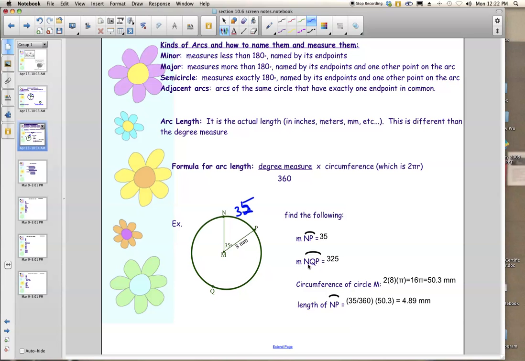The measure of a major arc, NQP, starts at N and goes through Q on its way to P. Well, that would be everything else that's not here. So since this is 35, the rest of this would be 360 minus 35, which is 325 degrees.